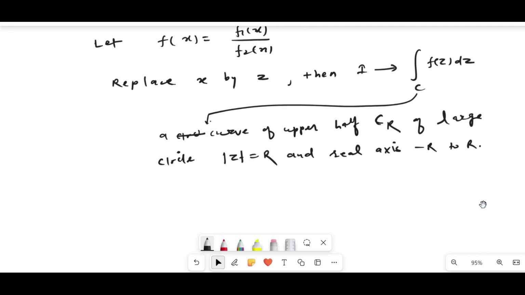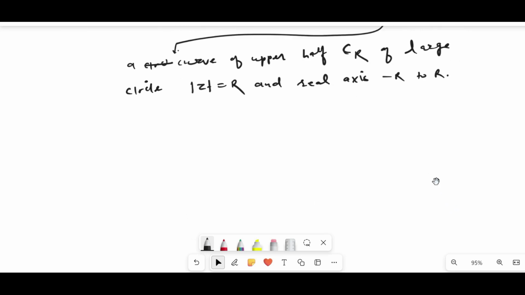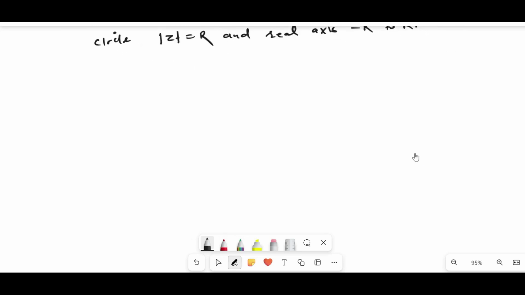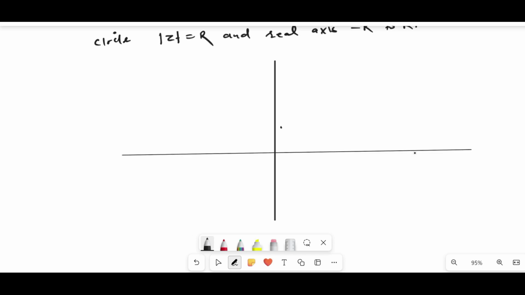So let us draw the diagram. First of all, we draw the x-axis, that is x'x, and the y-axis, that is y and y'. Because it is an upper half circle, the radius varies from negative r to r, and we keep the center at 0.